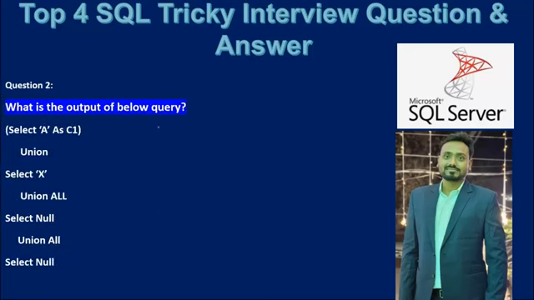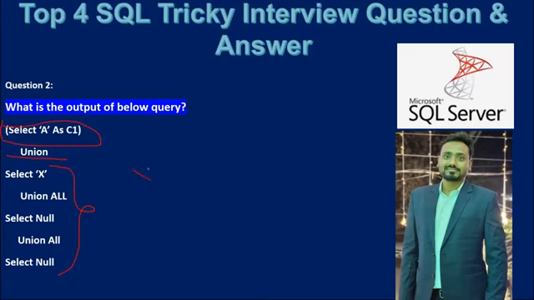Here is the second question: what is the output of the below query? In this case, we have this first value, and then we are doing union with all these, because here we have union all with these three.